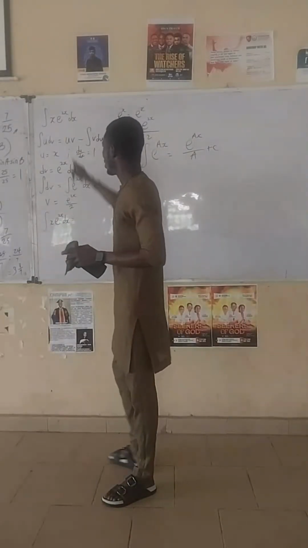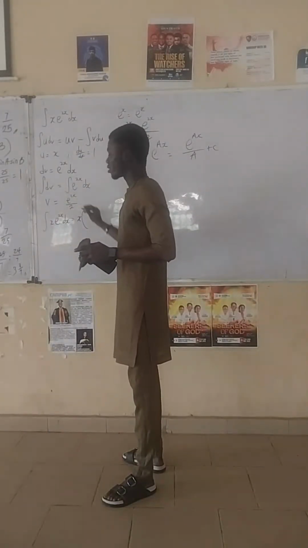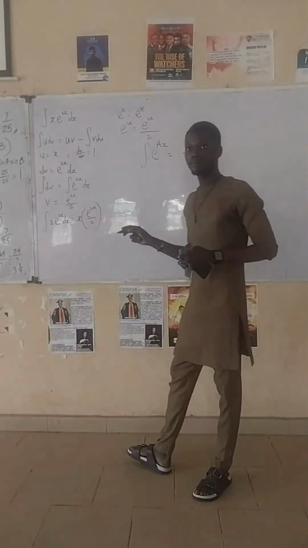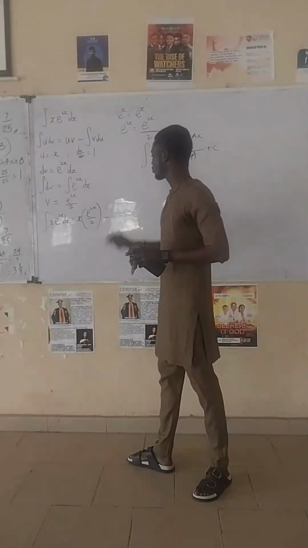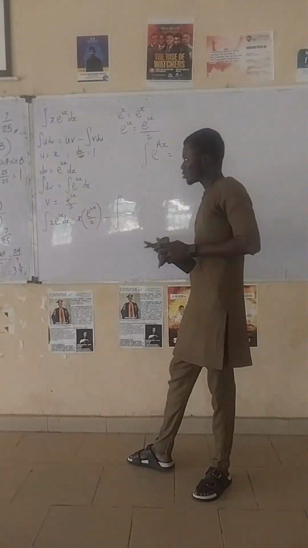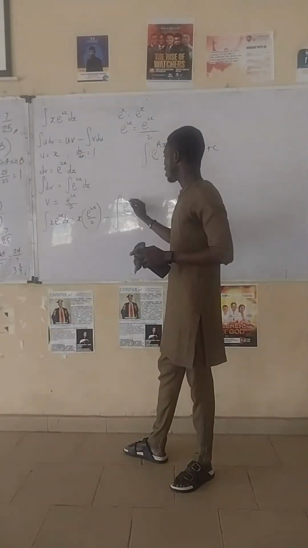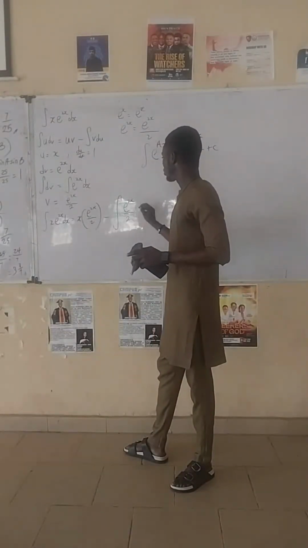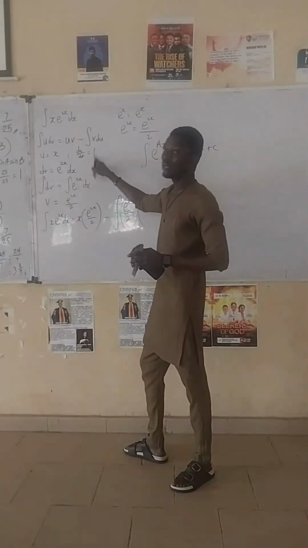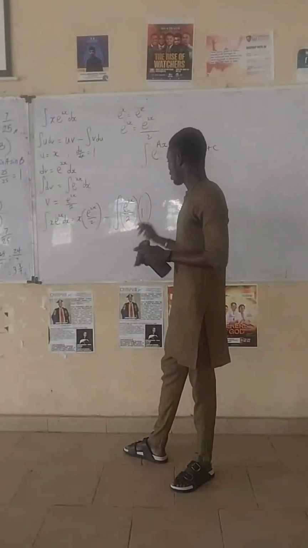So this equals u times v, which is x times exponential 2x over 2, minus the integral of v, which is again exponential 2x over 2, into the bracket of du, which is 1. Assuming it's something else, that's why I put it in brackets. It should be 1.